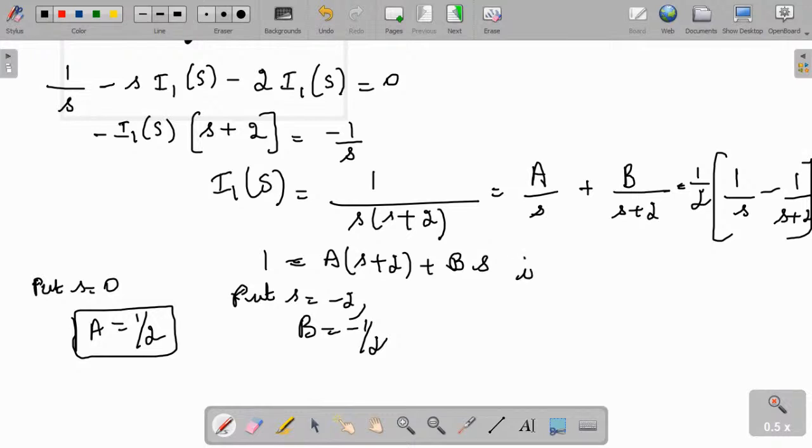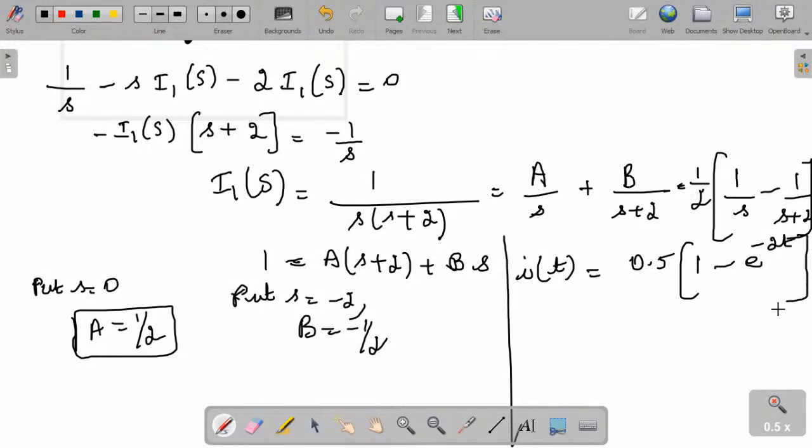So what is I of t then? Taking the inverse Laplace transform, I of t becomes 1 by 2, I take that as 0.5, times the inverse Laplace transform of 1 by s, which is 1 minus e power minus 2t. Right. So now what have they asked?